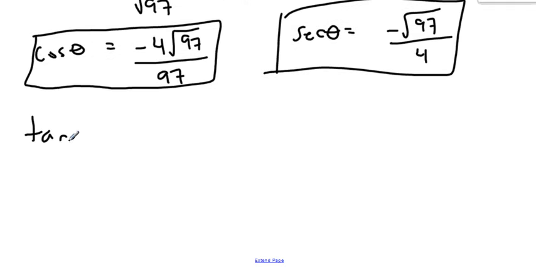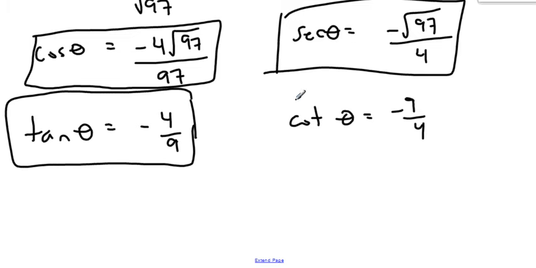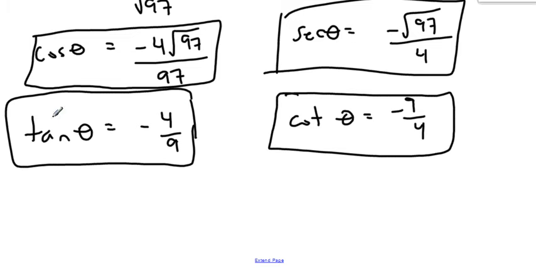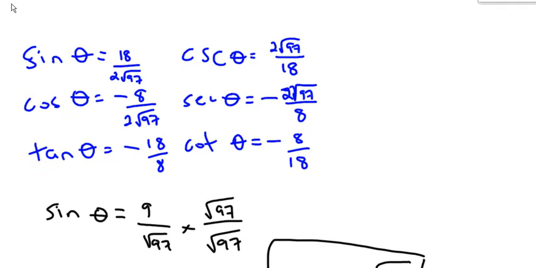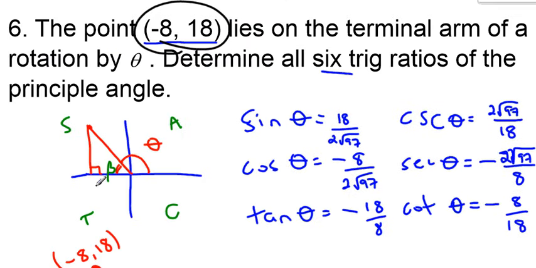So tan theta is negative 4 over 9, and cotan theta is negative 9 over 4. So those are the 6 trig ratios, exact values in proper form for the principal angle on this terminal arm.